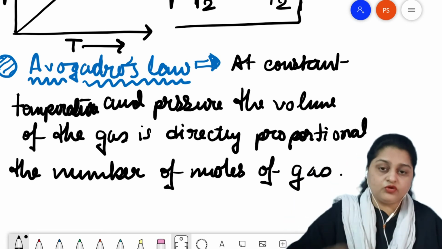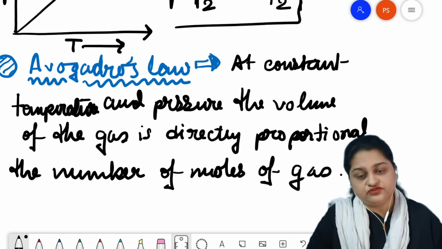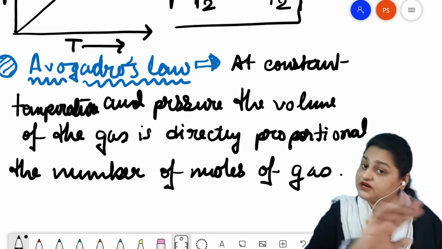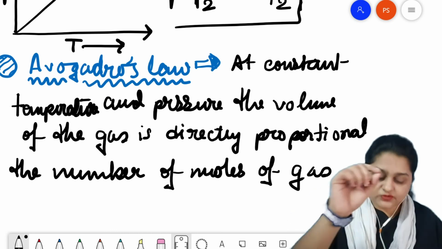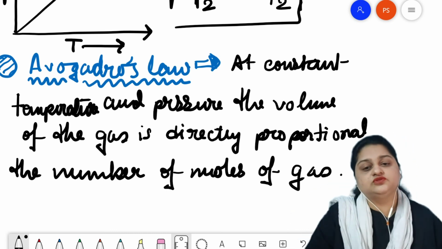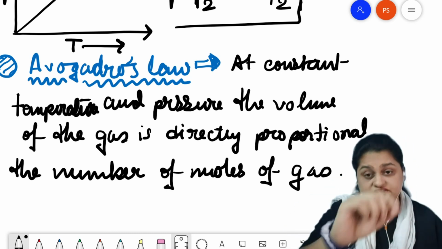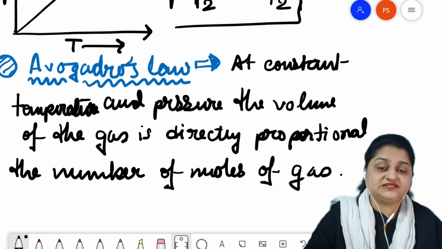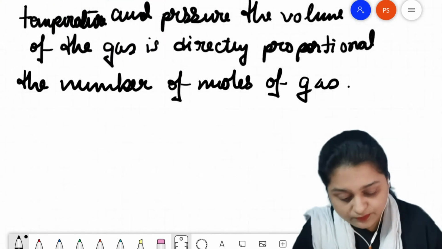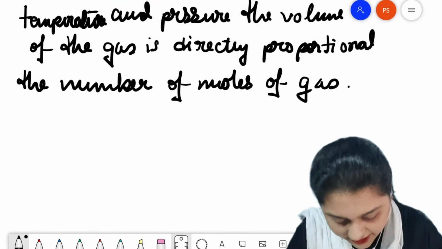The amount of mole present in a gas will have the same amount of volume irrespective of what kind of gas you are talking about. That's why this temperature and pressure are known as the standard condition.